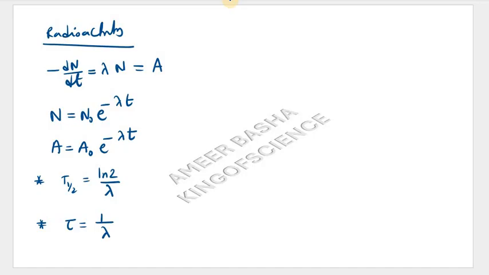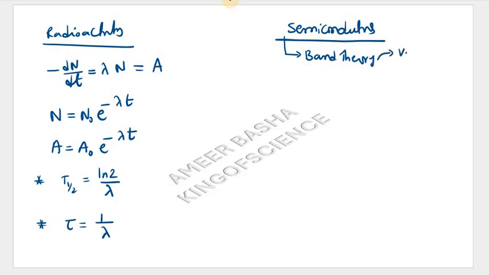Another thing to revise here is semiconductors. In semiconductors, you must know the band theory of solids, which introduces the valence band, conduction band, energy gap and all those things. Along with that, you should know the meaning of p-type material and n-type material.